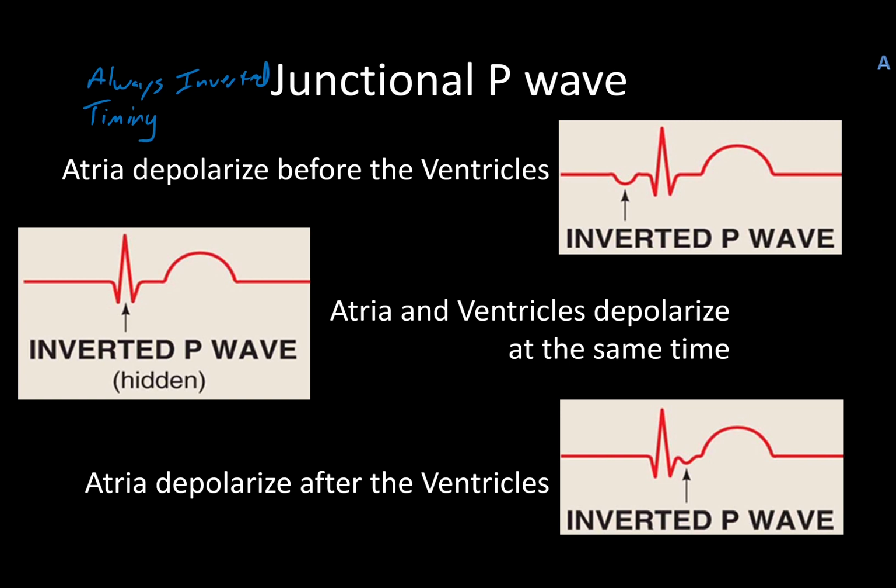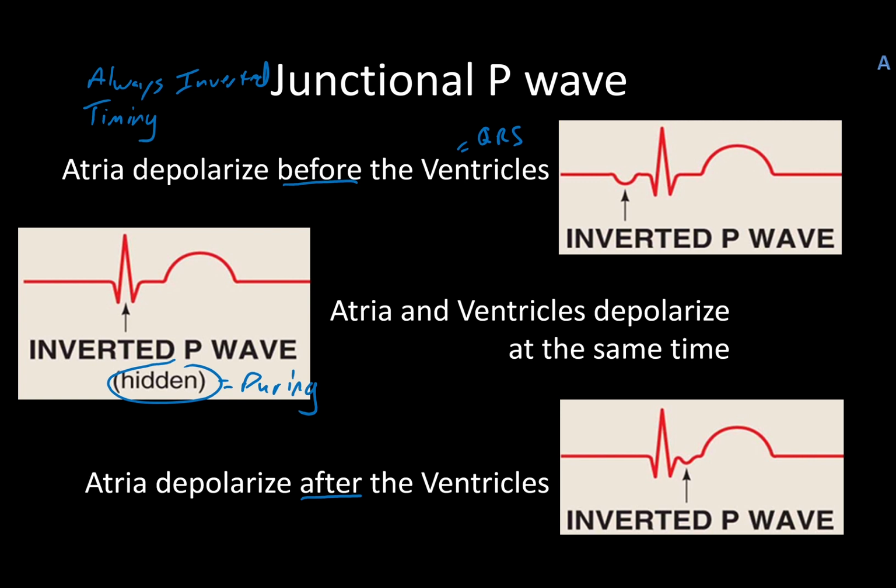And what do I mean by that? Well, based on the timing, it will either be before the QRS, it'll be hidden during the QRS, or a third option is it can actually appear after the QRS has finished its sequence.